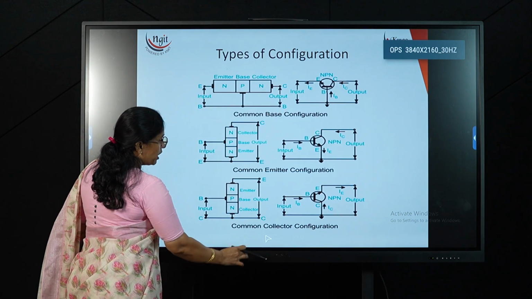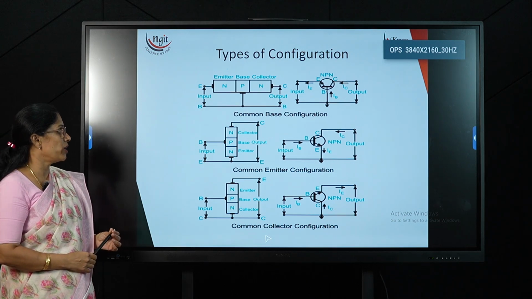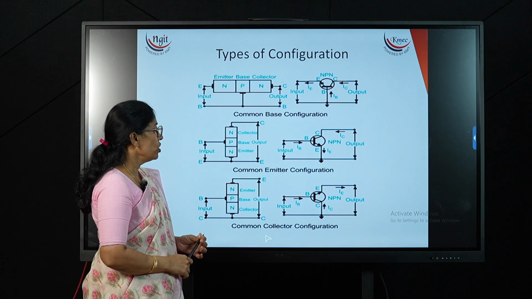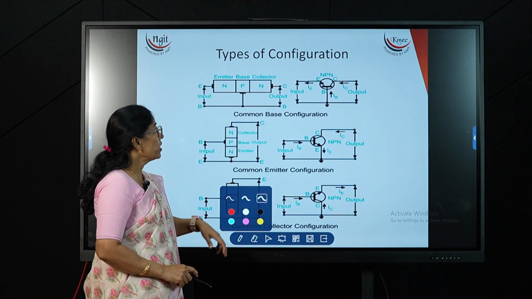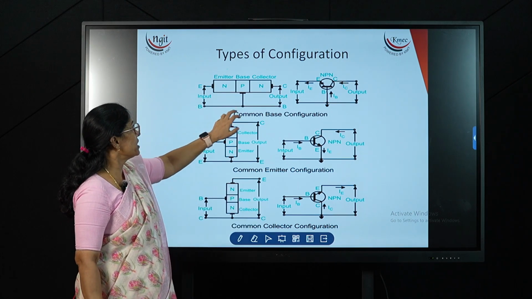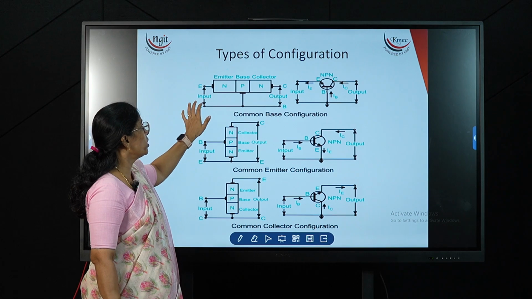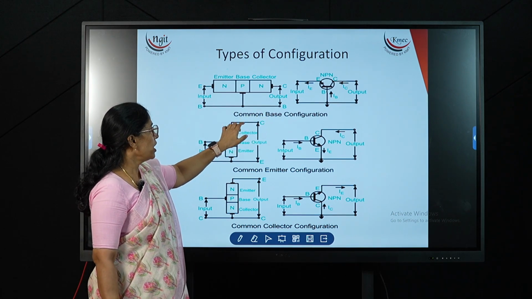Now there are 3 types of configurations: a common base configuration, a common emitter configuration, and a common collector configuration. Because there are 3 terminals, we can call one side the input side and the other the output side, and the terminal which is common to both input and output gives the name.